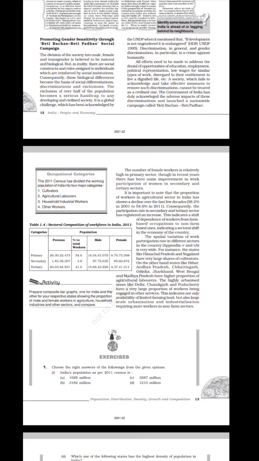On the other hand, states like Bihar, Andhra Pradesh, Chhattisgarh, Odisha, Jharkhand, West Bengal, and Madhya Pradesh have a higher proportion of agricultural laborers. Highly urbanized areas like Delhi, Chandigarh, and Puducherry have a very large proportion of workers engaged in other services. This indicates not only the availability of limited farming land, but also large-scale urbanization and industrialization requiring more workers in non-farm sectors.